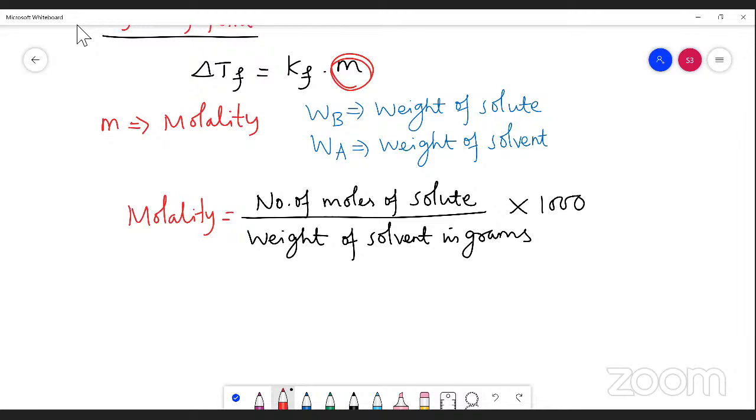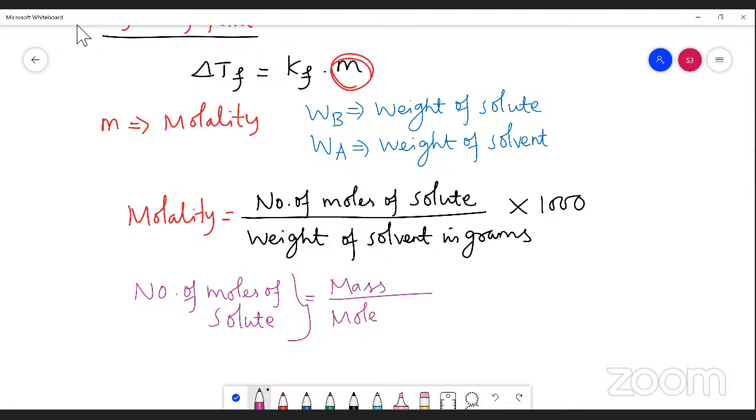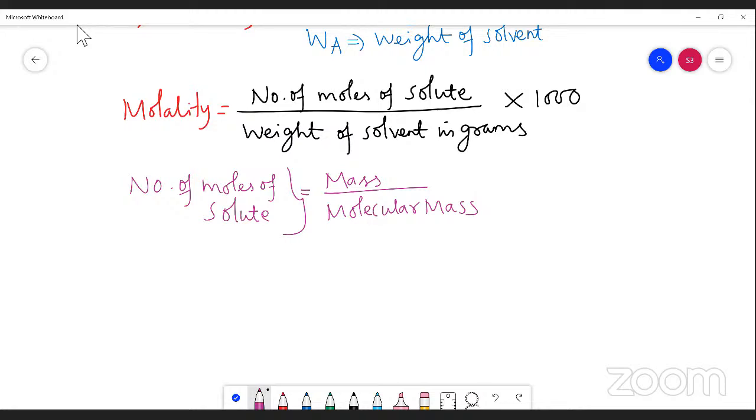What is the number of moles of solute? The number of moles formula is mass divided by molecular mass.